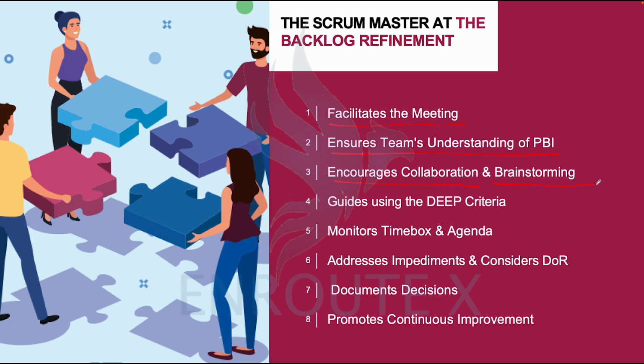The customer, in Scrum the product owner, comes around and writes what he wants and says, I want this to be developed. In the backlog refinement meeting, the developers come together with the product owner and begin to think through: for what you want, what do we need to do?